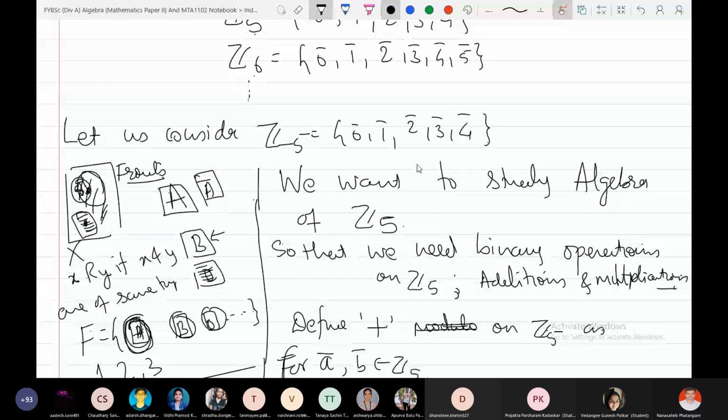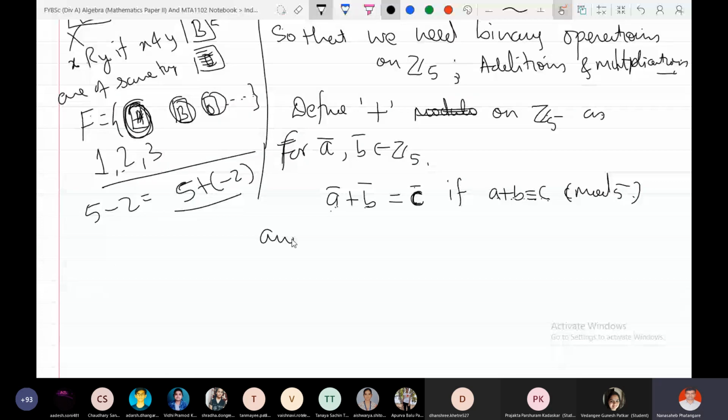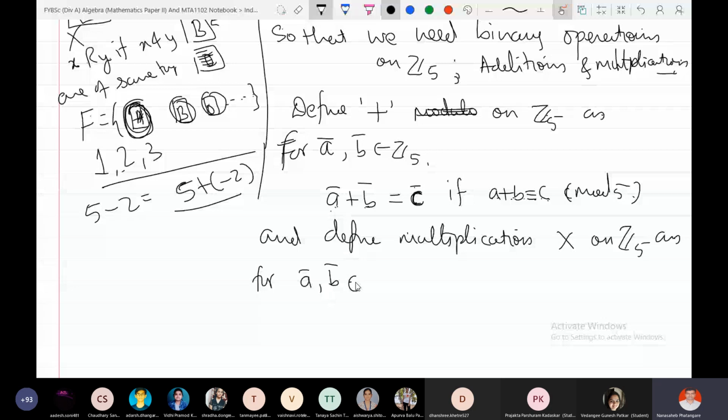And define multiplication on Z5 as, for A bar and B bar in Z5, I will say multiplication means dot. For simplicity, I will denote it by dot.